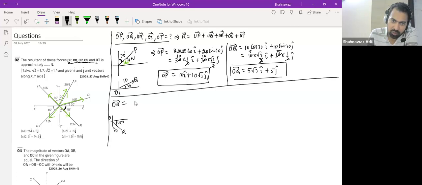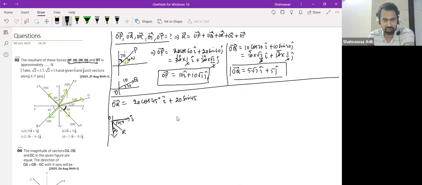So OR would be 20 cos 45 i hat plus 20 sin 45. And now there is a crucial thing. What is this direction? This was i, so this is i hat. What is this direction? Yes, Yasir, what is this direction? Is it j hat or some other direction?